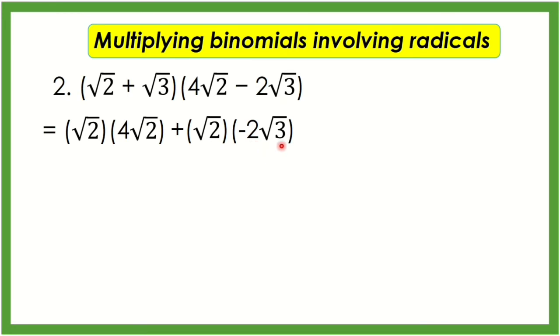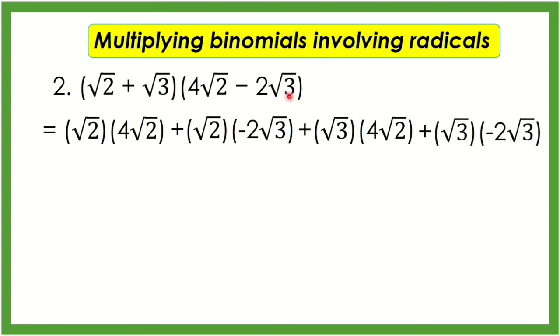Para sa product ng inner terms, ang inner terms natin, itong mga nasa gitna, square root of 3 times 4 square root of 2. At last terms, ang last terms natin ay square root of 3 at saka negative 2 square root of 3. Plus, square root of 3 times negative 2 square root of 3.